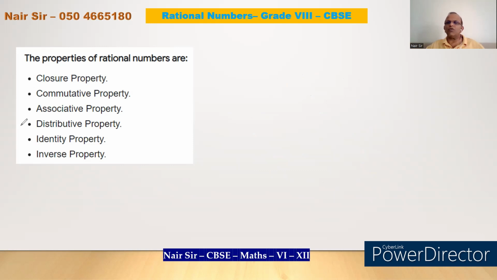Now let me talk of associative. Associative property is, and do you remember something called this? Is equal to A plus B plus C. When you were studying in grade 5, 6, you have studied something called BODMAS.